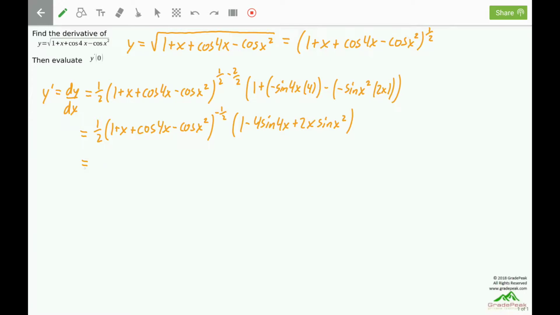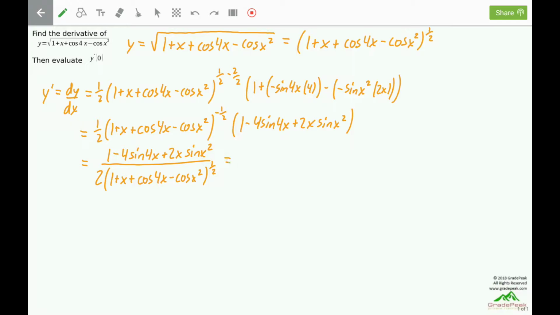And so that will give us 1 minus 4 sine 4x plus 2x sine x squared, all divided by 2 times 1 plus x plus cosine of 4x minus cosine of x squared raised to the positive 1/2 power, now that it's moved to the denominator with the 2. Positive 1/2 means first power and second root, or just square root.